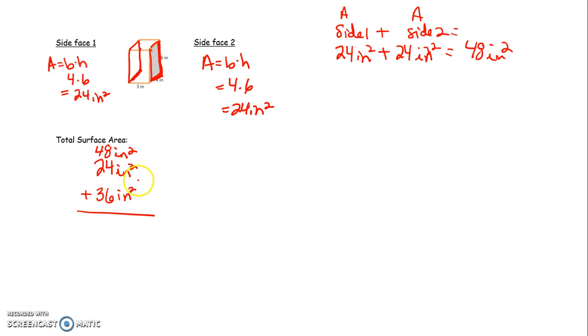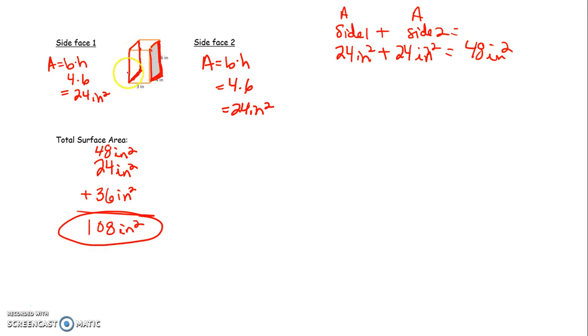If I add up my front and back face, my top and bottom face, my side faces, I'm going to come up with my total surface area. 48 plus 24 plus 36 is 108 square inches.